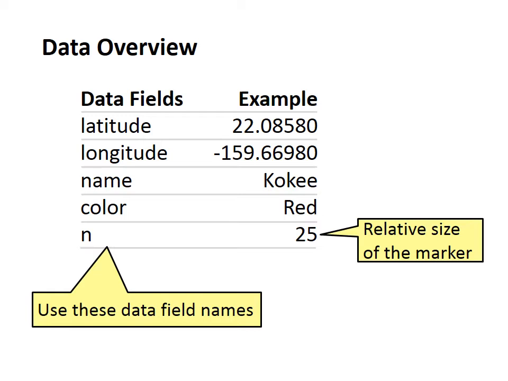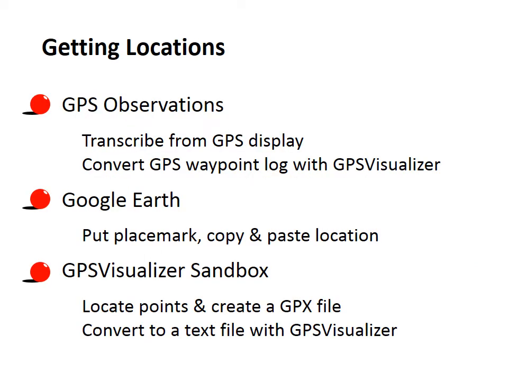Let me give you more background about some of these data fields. We use latitude and longitude values to mark locations. There are a number of ways that you can obtain the latitude and longitude of a place. If you have a GPS receiver, you can go to the place and transcribe the location shown on the GPS display.